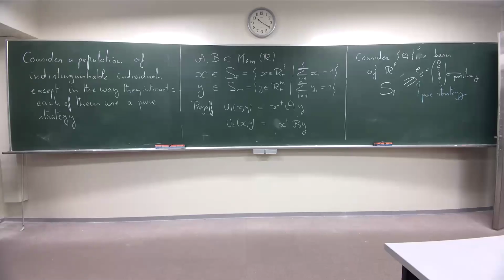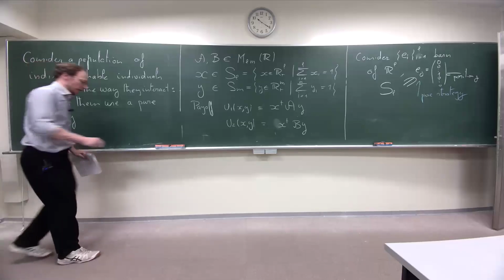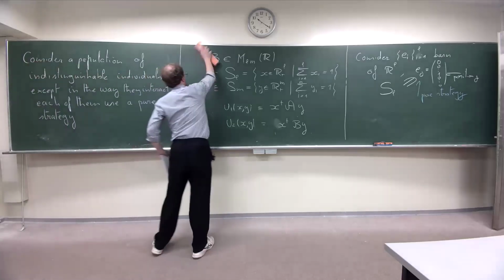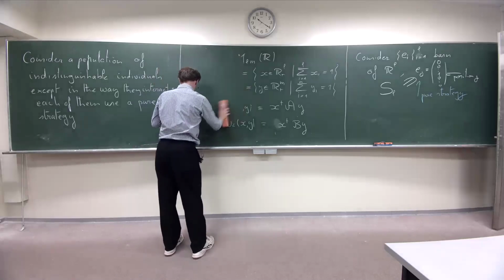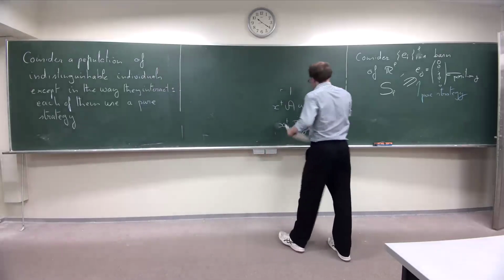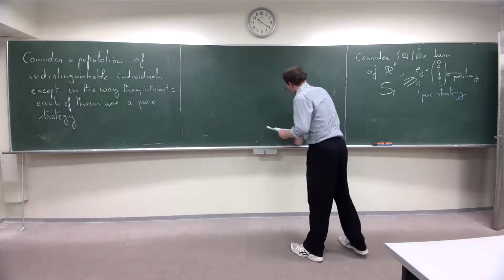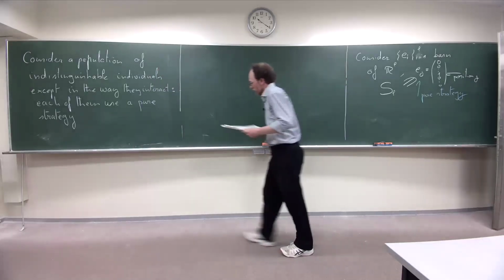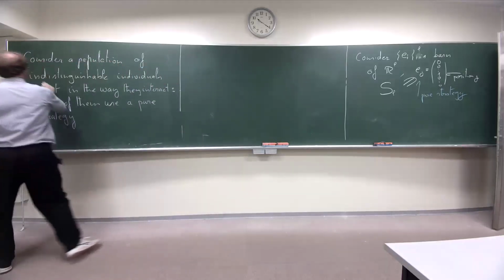But for now, I'm going to consider a large number of individuals that cannot be distinguished, but each of them uses a certain pure strategy. And so it has some consequences.